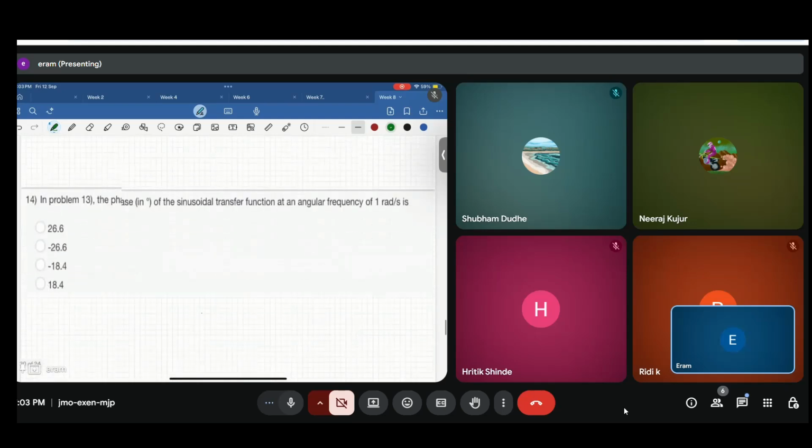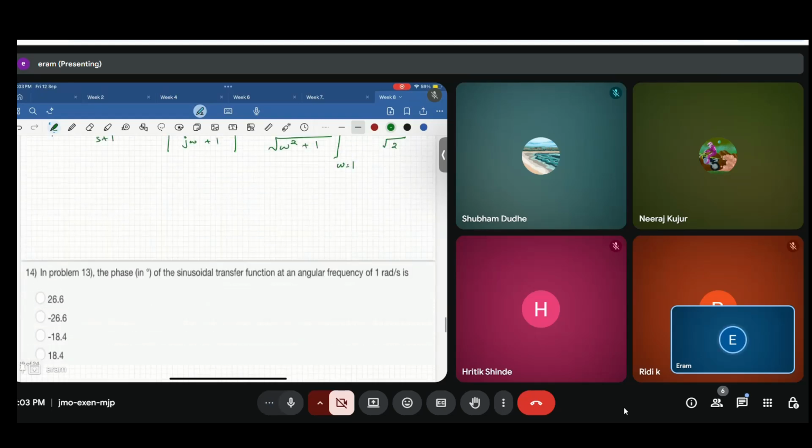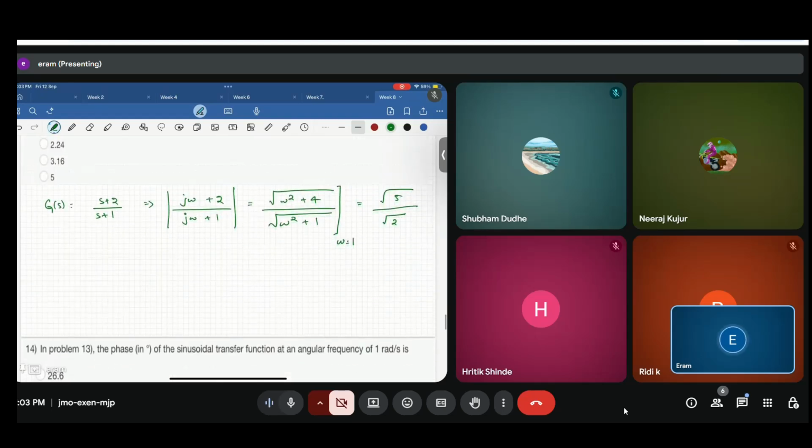Okay, and also calculate its phase. For this one, we need to calculate the angle of g of s at omega equals 1.